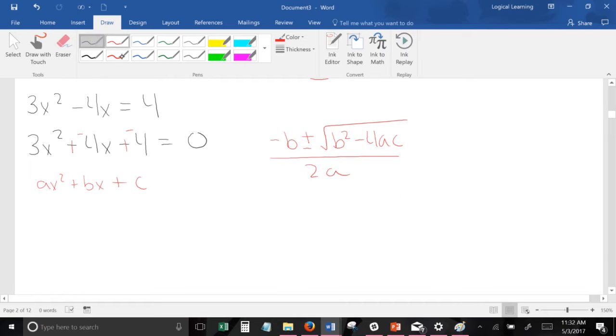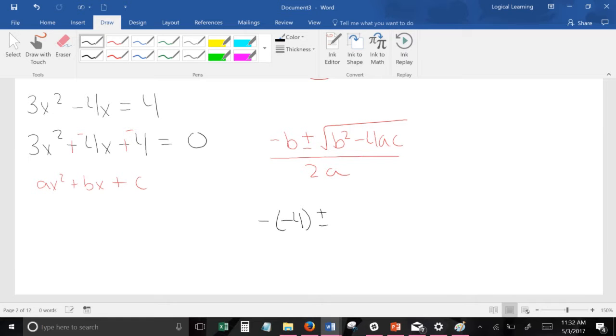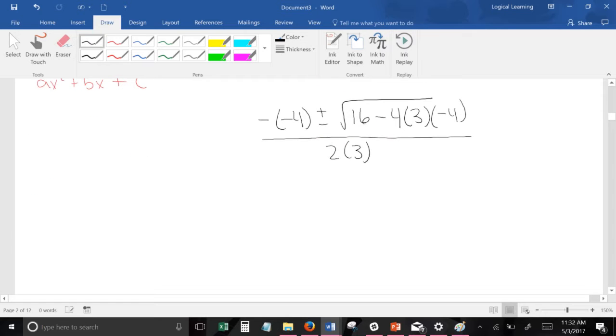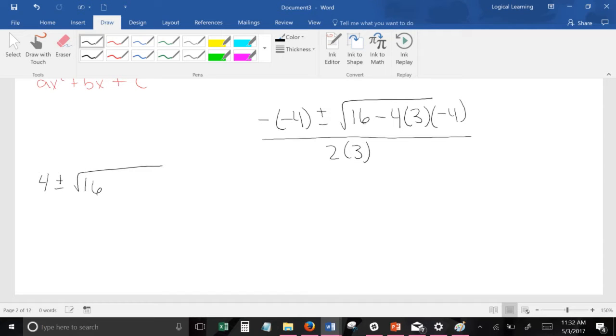So taking our information here and putting that in, we have negative, our b is negative 4, plus or minus the square root of negative 4 squared is 16, minus 4 times a, which is 3, times c, which is negative 4, all over 2a, which is 2 times 3. So negative negative 4 is going to give us 4, plus or minus the square root of 16.